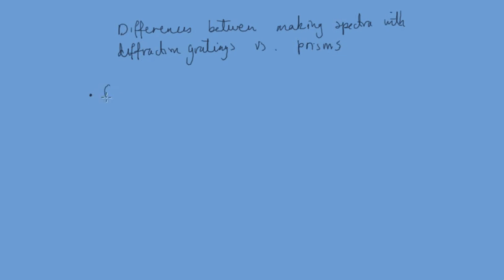So firstly, gratings rely on diffraction and interference patterns, whereas prisms rely on refraction.